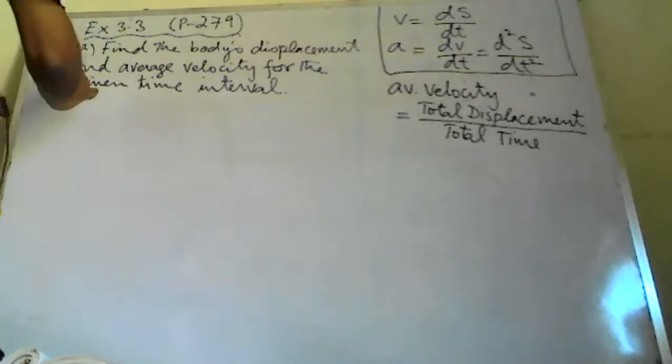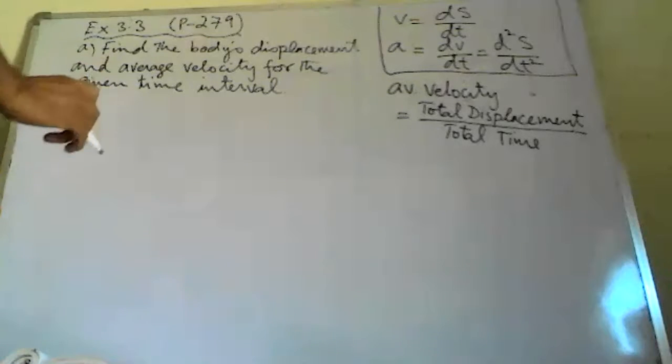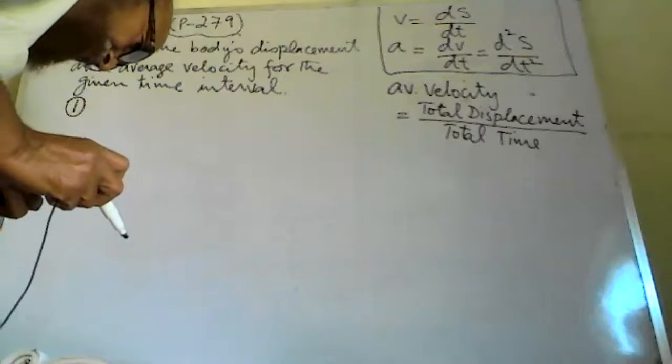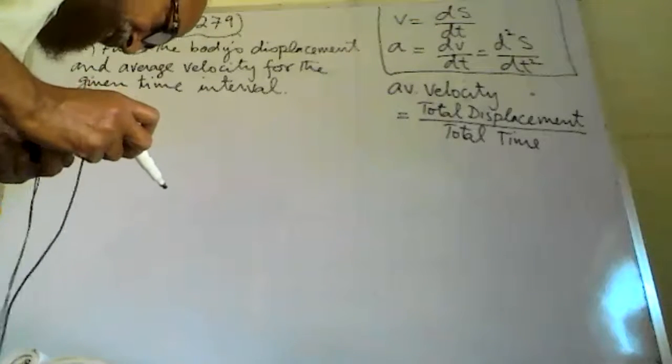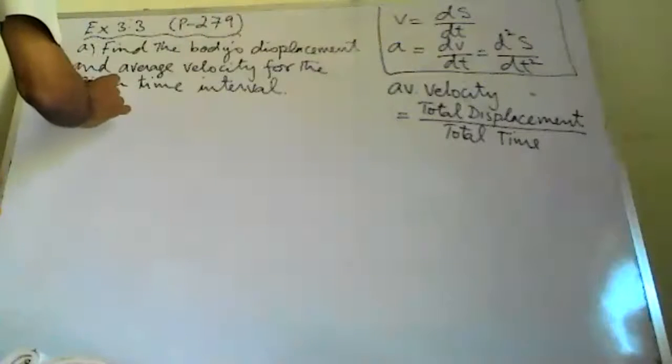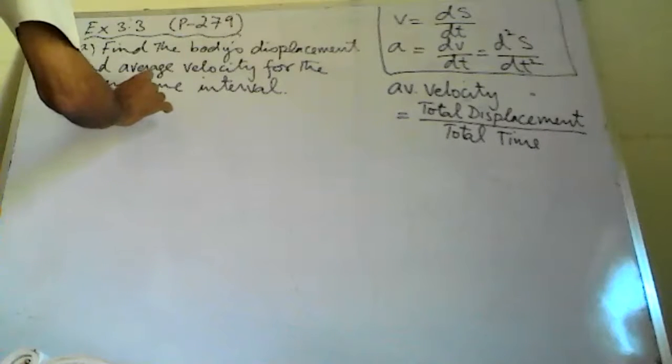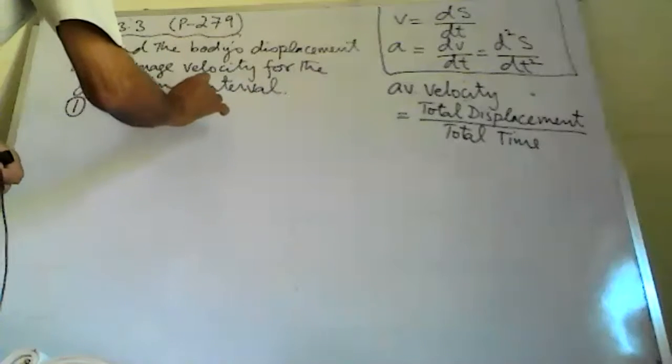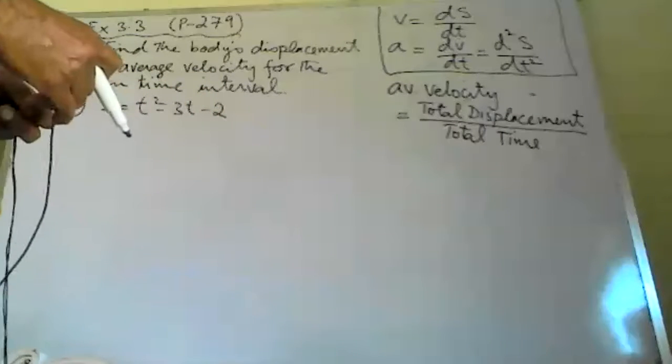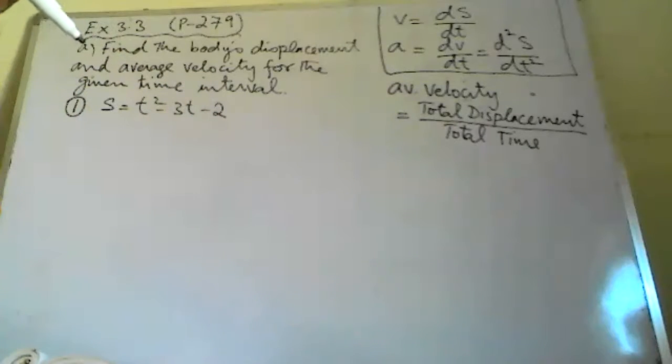Question number 1. s is equal to t square minus 3t plus 2. This is the expression for the displacement.